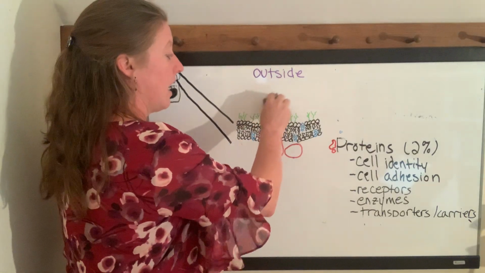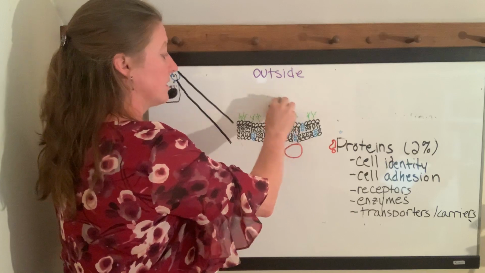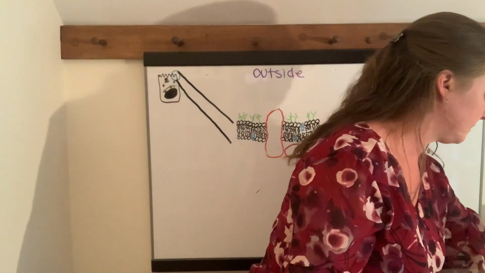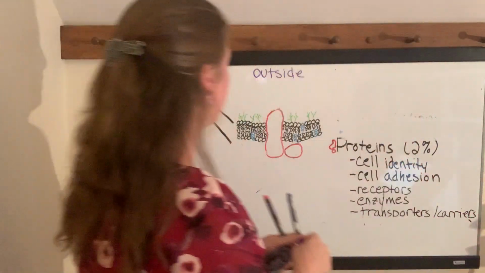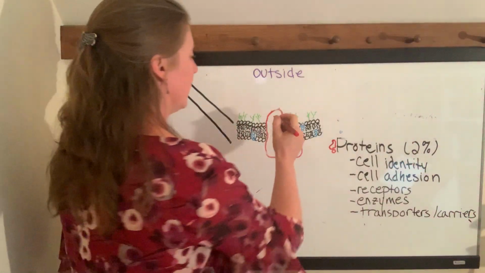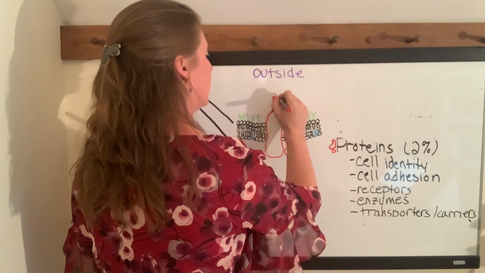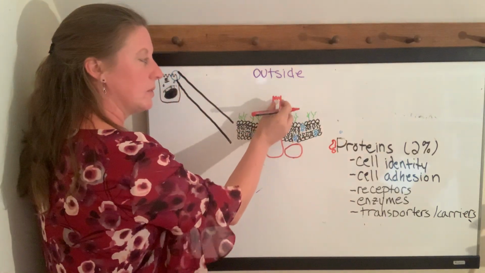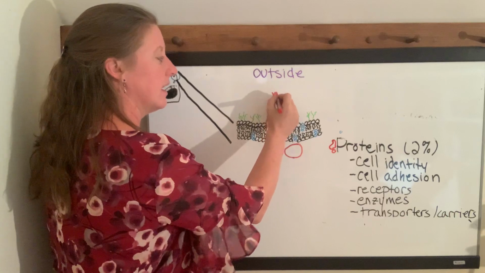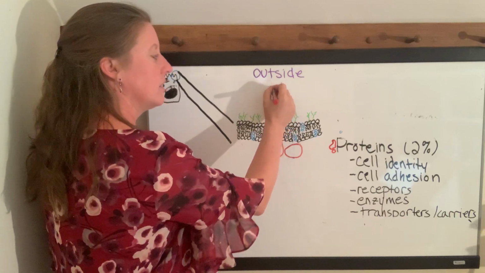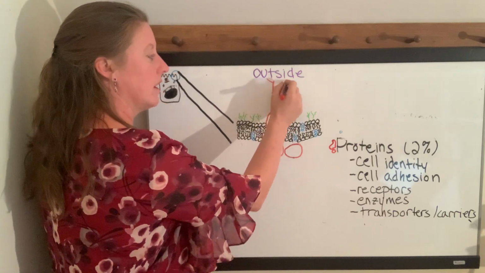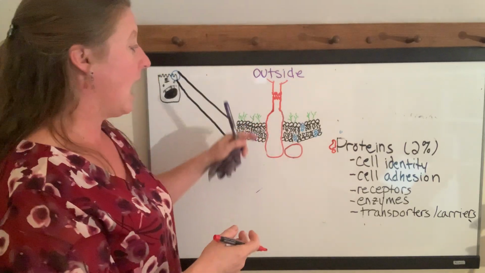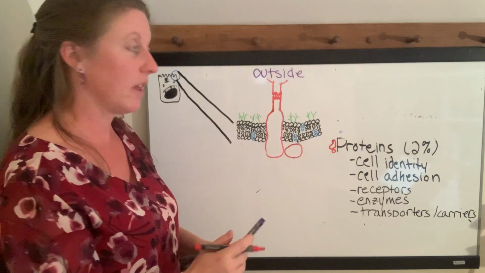Now, other proteins in the plasma membrane may help to hold tissues together. So for instance, if this membrane protein has a particular part that has high affinity to another protein on another membrane, they will grab together kind of like Velcro and keep those two cells together.